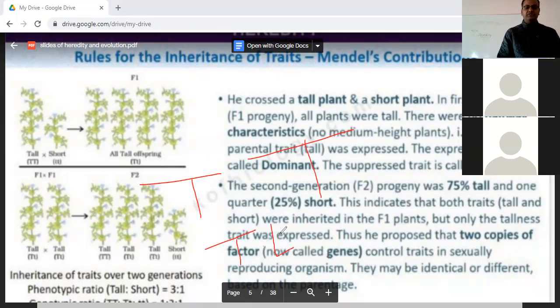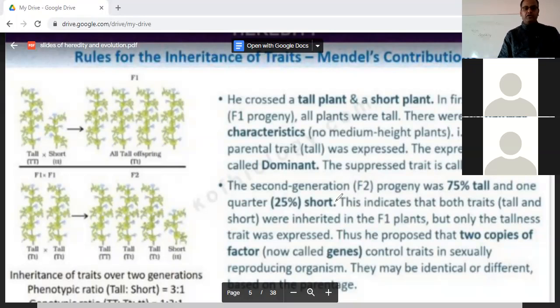So in the F1 progeny, all the offspring produced are tall.